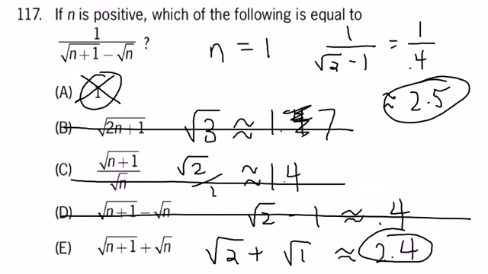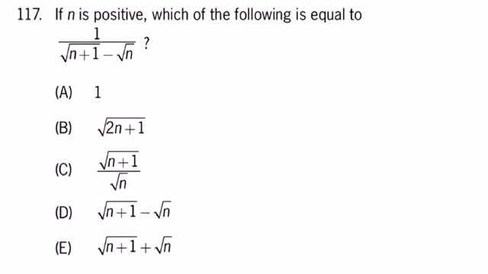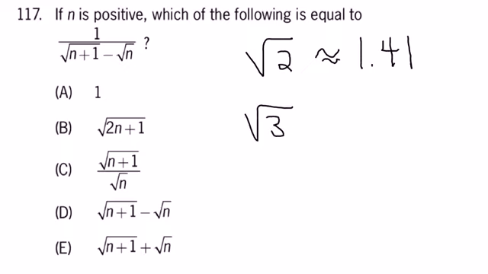So I always like to illustrate some way to do problems using numbers, and in this case I'll close by just saying root 2 is about 1.41, root 3 is about 1.7 something, I'm not exactly sure.